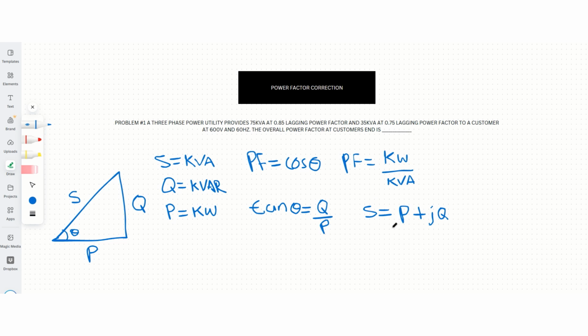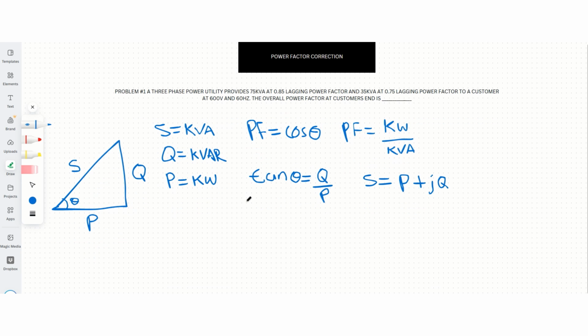This is a complex formula: apparent power equals real power plus j, which is an imaginary unit, times your reactive power. Now we're going to be able to solve the problem.